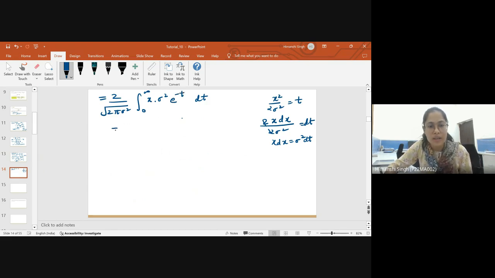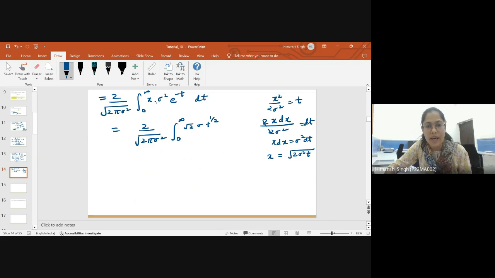So here again what I will do, I will have this under root 2 pi sigma square integral 0 to infinite. Here in place of x, since x square by 2 sigma square is t, x will be under root of 2 sigma square t. So this will be sigma and t to the power 1 by 2.